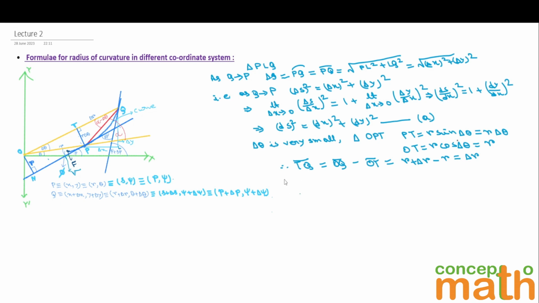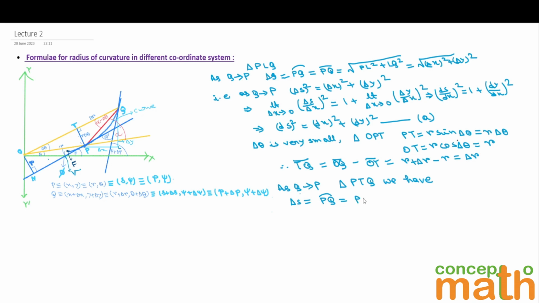So as Q approaches P, from the triangle PTQ, we have delta S, which is the arc distance of the arc PQ.